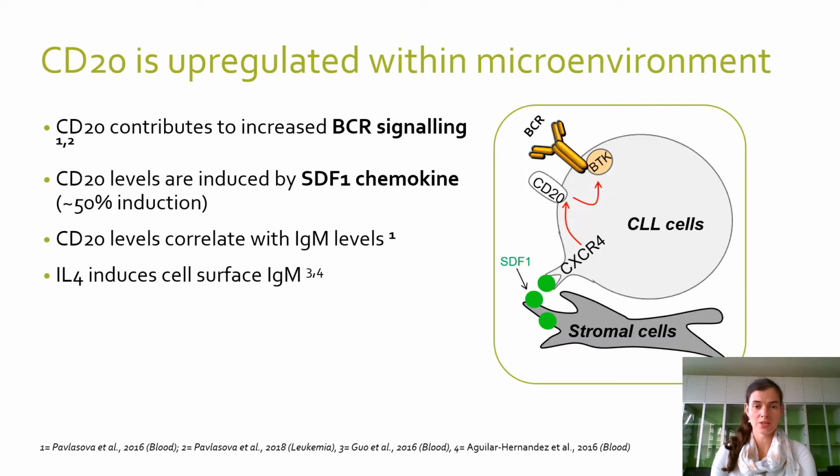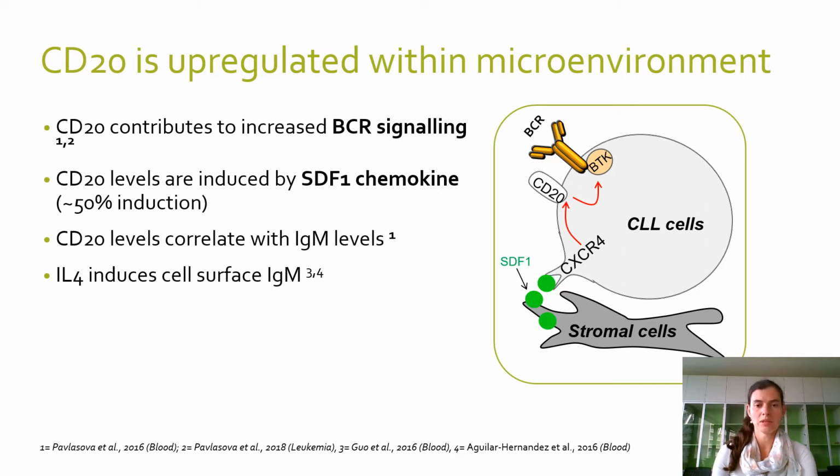The precise physiological role of CD20 still remains largely unclear. We recently showed that CD20 is required for proper BCR signaling and is induced during microenvironmental interaction by SDF1 chemokine, that then binds to CXCR4 receptor.